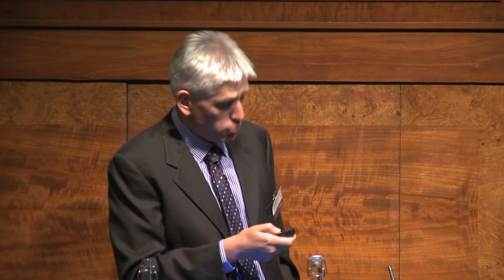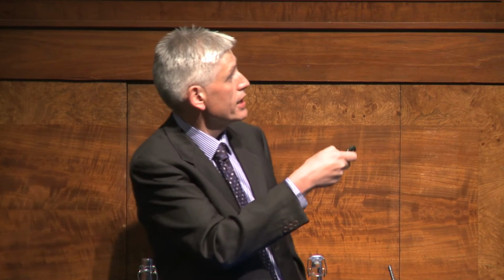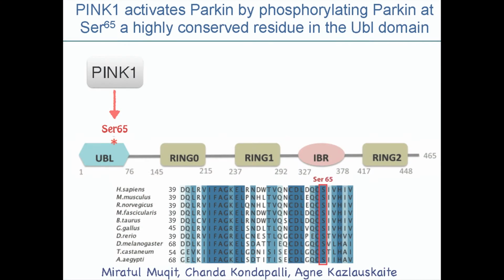What Miratul had discovered previously was that the PINK1 protein kinase activates this Parkin E3 ligase by phosphorylating a single serine residue within a regulatory domain called the ubiquitin-like domain at the N-terminus of the protein. And this is the C-terminal catalytic domain.